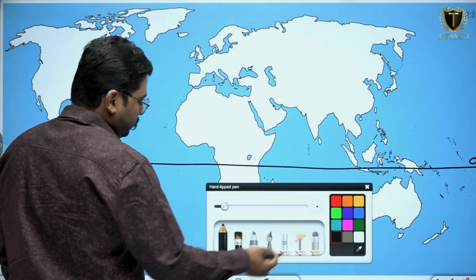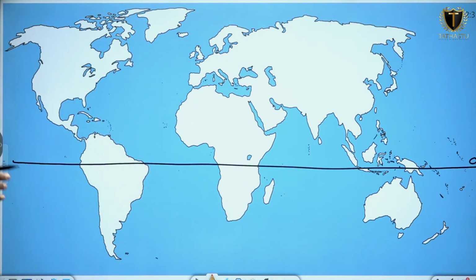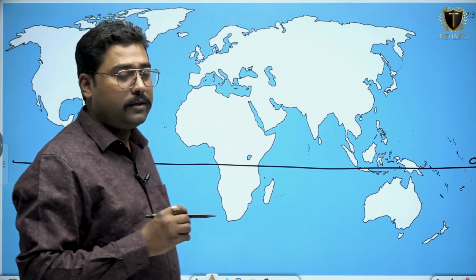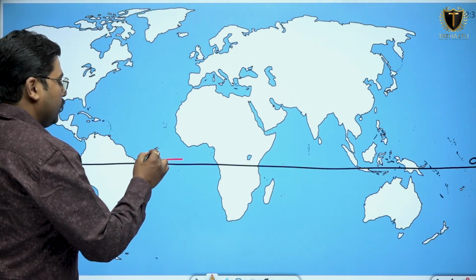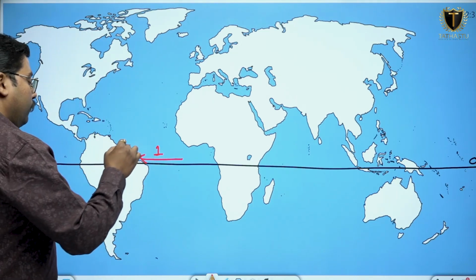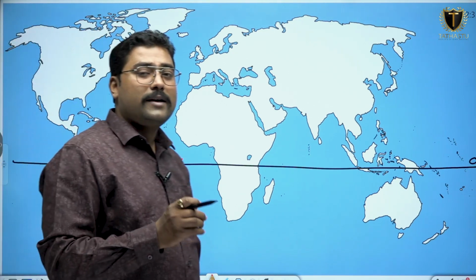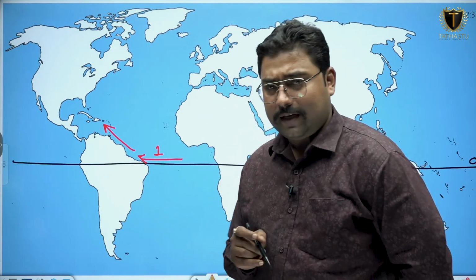So moving on to the currents, first the Northern Atlantic, and the red color will mark the warm ocean currents and the blue will mark the cold ocean currents. So the first one is the North Equatorial Current, and when it moves from the coast of French Guiana and Cayenne, the capital of French Guiana, it is considered as Cayenne current.